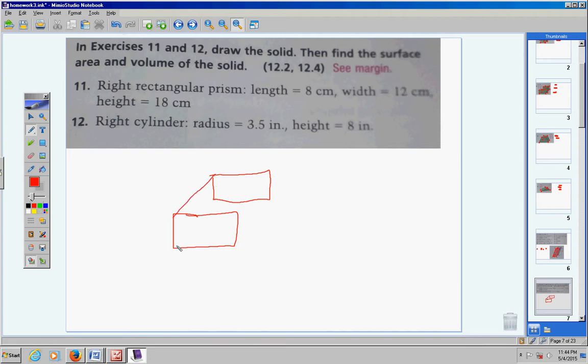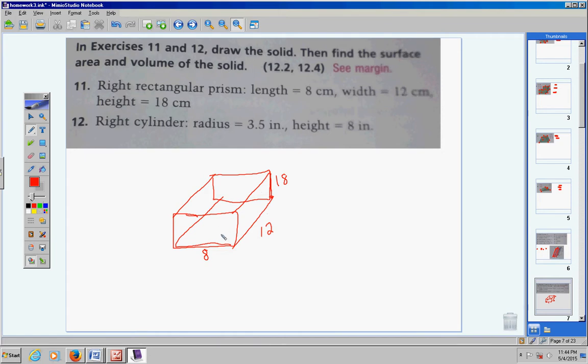Where you put the 8, 12, and the 18, this length here is 8, and this little length here is 18, but it doesn't matter where you put these numbers, trust me, okay?